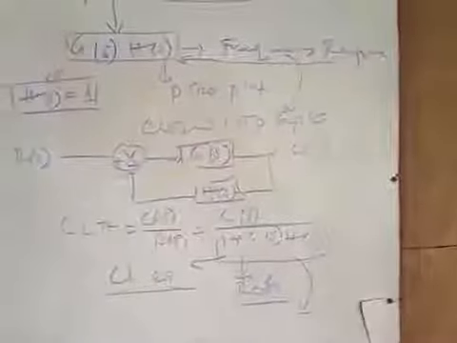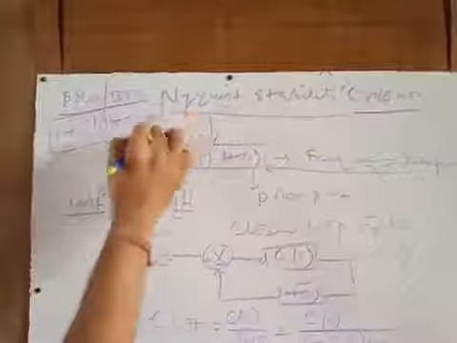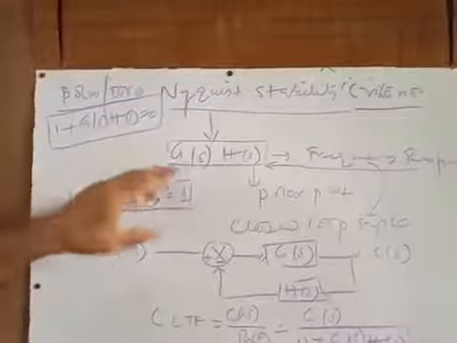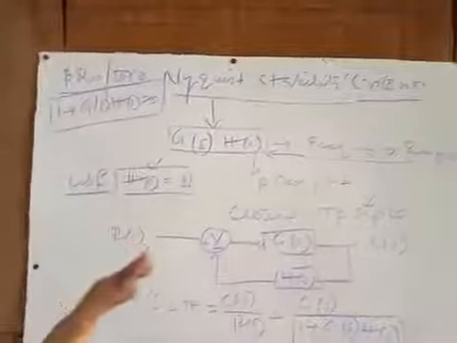That means all the poles and zeros of 1 plus G(s)H(s) equal to 0 will be related with the frequency response of the open loop transfer function G(s)H(s) by using the Nyquist criteria. And by using this, we can get the stability of any system.